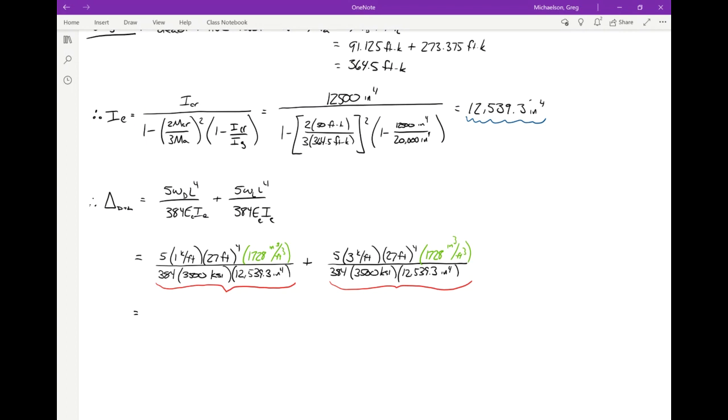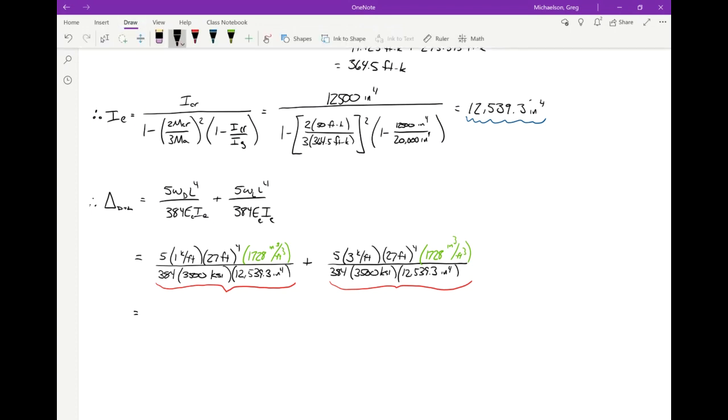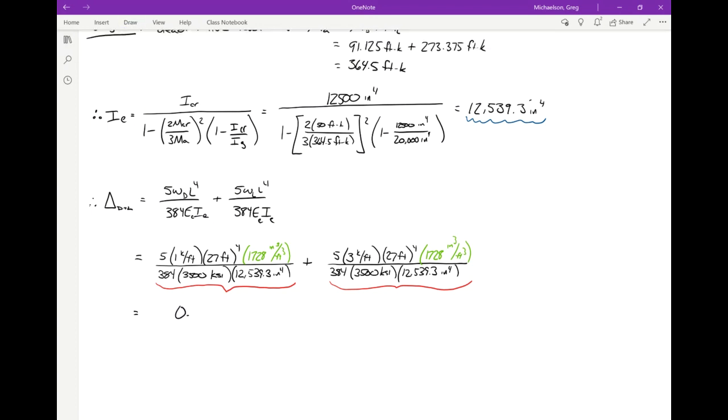All right, I'm getting 0.272. Plus, and what about the second one? There we go.